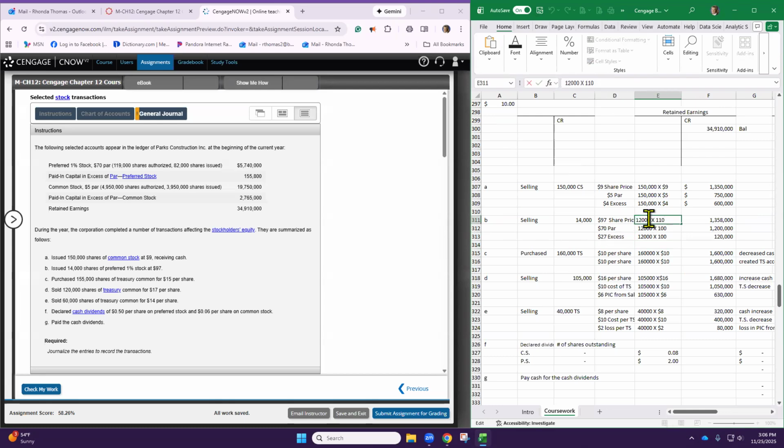We want 14,000 times $97, then 14,000 times 70, which is the par, and then the extra is 14,000 times 27.